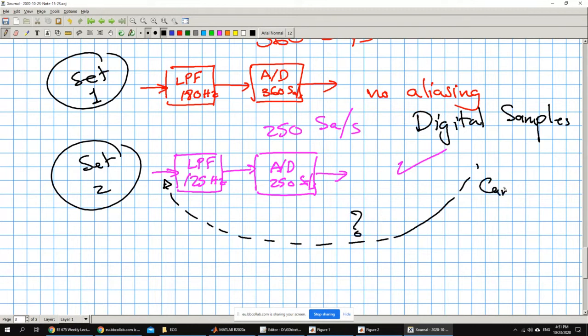Can I recover the original signal or not? Can I recover the samples here or what? No aliasing occurred. I don't think we can recover it. Why?